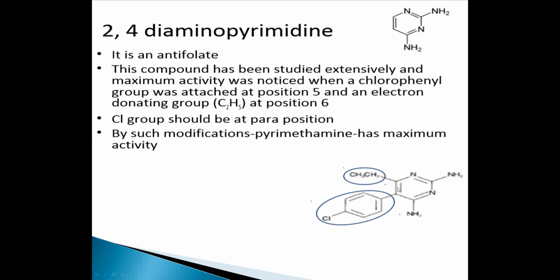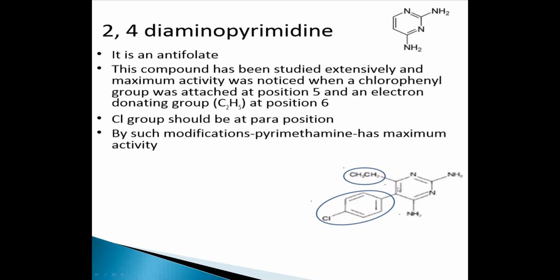The 5th position should contain a para-chloro substituted phenyl group, and there should be an electron donating group at the 6th position like ethyl. The chloro at the para position is necessary for the activity. When all these characters are included in the structure, this leads to pyrimethamine, which has the maximum activity.